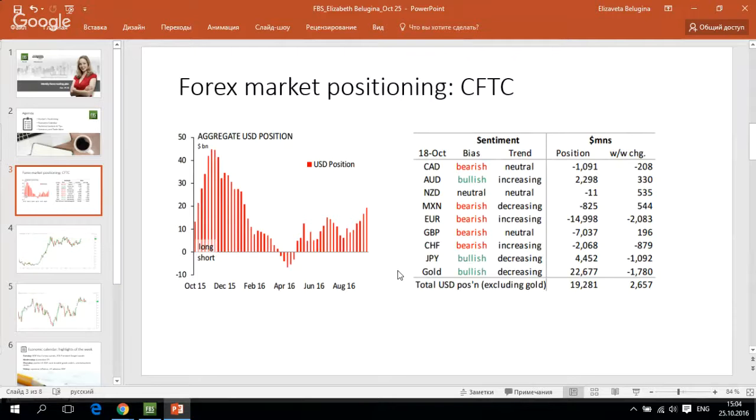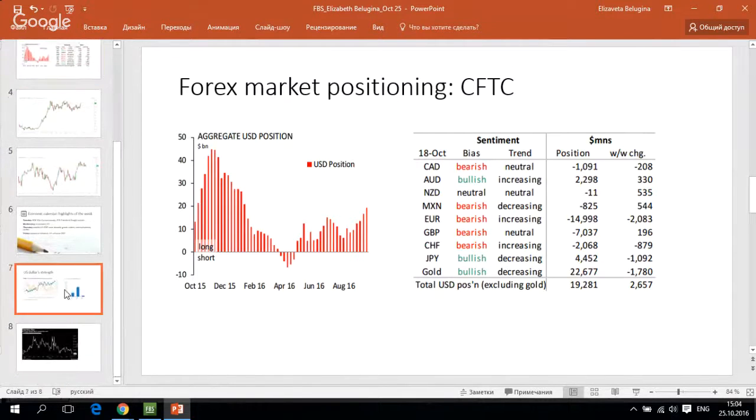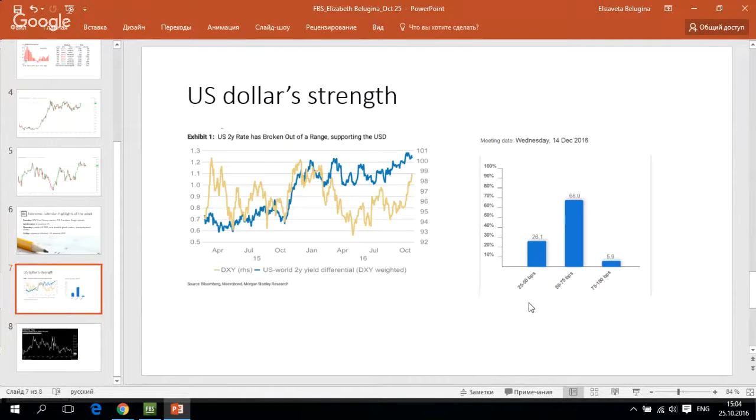As for divergence in monetary policy, we can see that the expectations that the Federal Reserve will raise interest rates in December have risen to 68%, almost 70%, while about a week ago the expectations were about 65%.